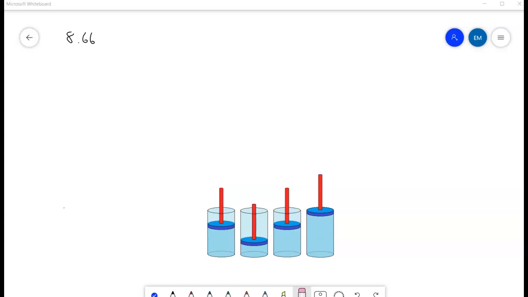So we've got the same stuff in all of them. So let's go ahead and put these dots in here. 1, 2, 3, 4, 5, 6. All right, okay.